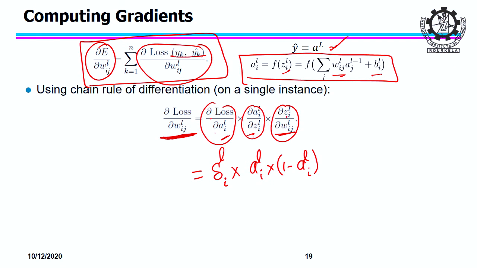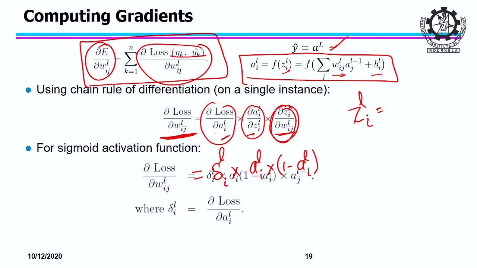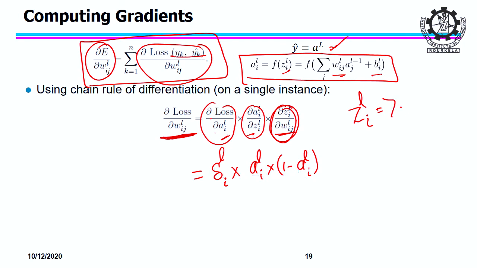Now, what you have to do? You have to compute this part, okay? How do you compute this one? This is very simple. Z_i^L equals summation over W_ij^L A_j^(L-1) plus B_i^L. Then we have to compute del Z_i^L by del W_ij^L.